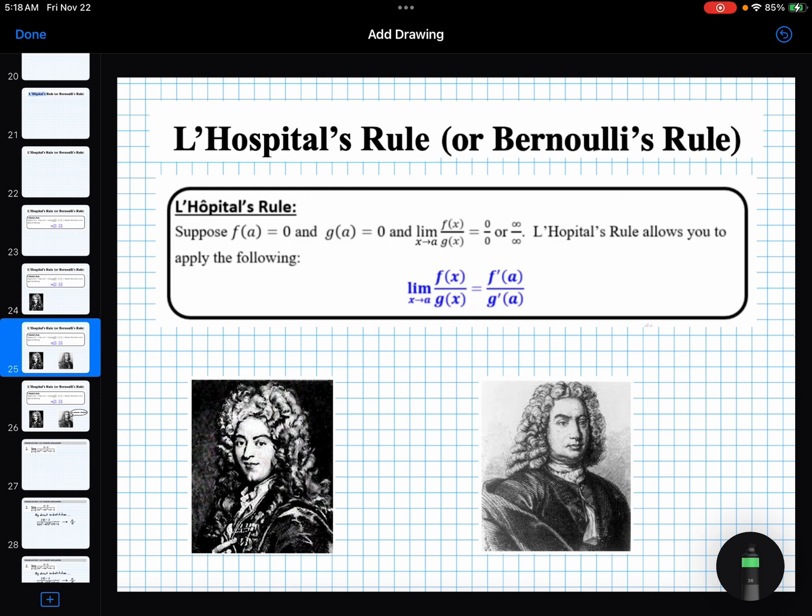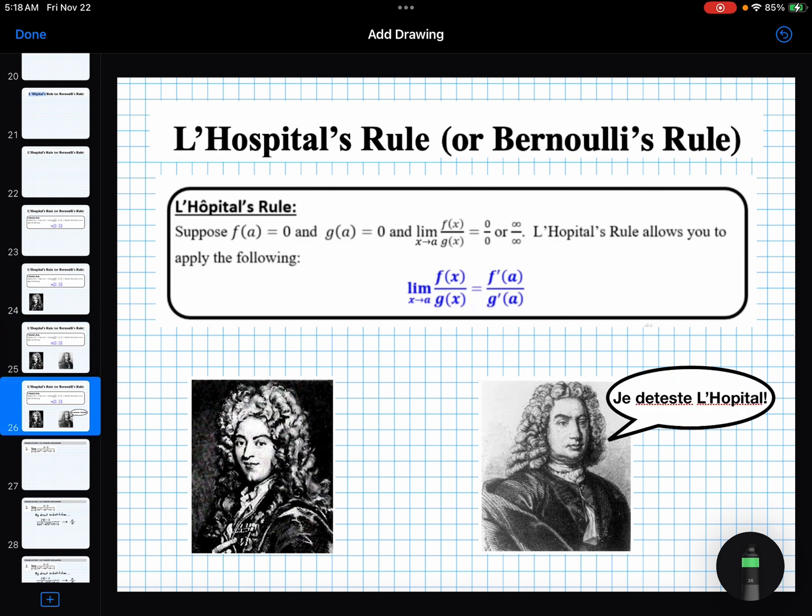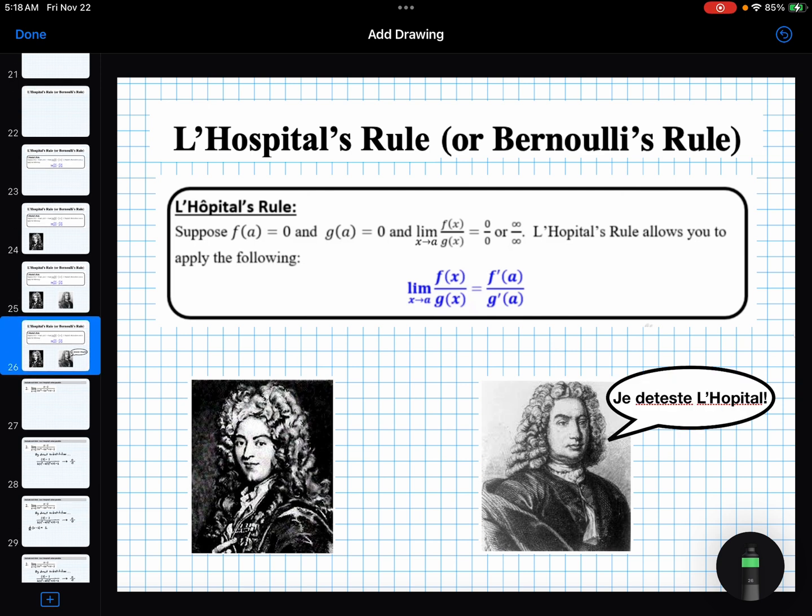And that was not too happy a day for Bernoulli there, and there's a little French from Bernoulli for L'Hopital. Anyway, it's been known that Bernoulli actually came up with this, but we still call it L'Hopital's rule because everyone likes saying L'Hopital.